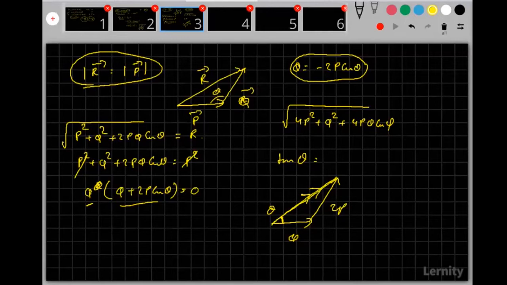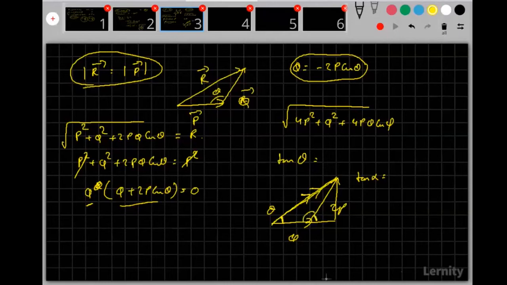To find this angle, let us see what we can do. I can stretch this and find it out, with tan alpha equal to something.